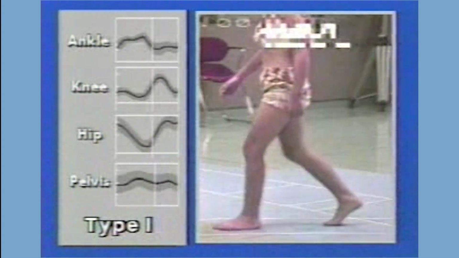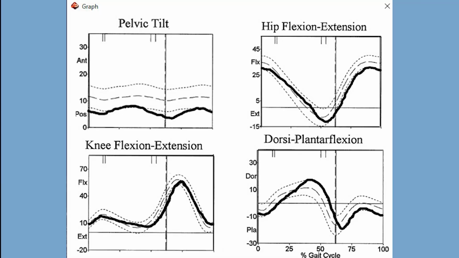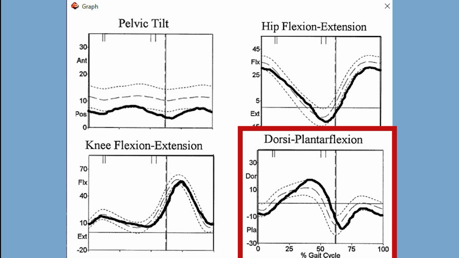And this is what would be visible on the kinematic charts. If you look at the kinematic chart, look in particular at the ankle one, which is the dorsi-plantar flexion. You can see there's an absent first rocker, and a normal second rocker, although its start may be late. The third rocker in type 1 is usually normal, as we can see with this arrow.